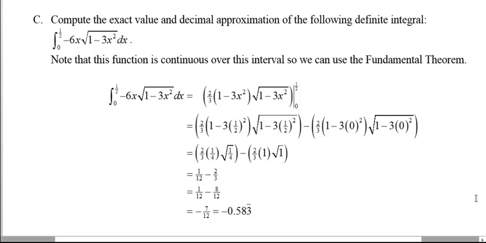If we want to use this technique to compute a definite integral, say from 0 to 1/2. Now, notice that we do have to check that this function is continuous over this interval, and from 0 to 1/2 it is. In this particular case, let me do a little bit extra work here and show you something. We might actually look at the domain of this.